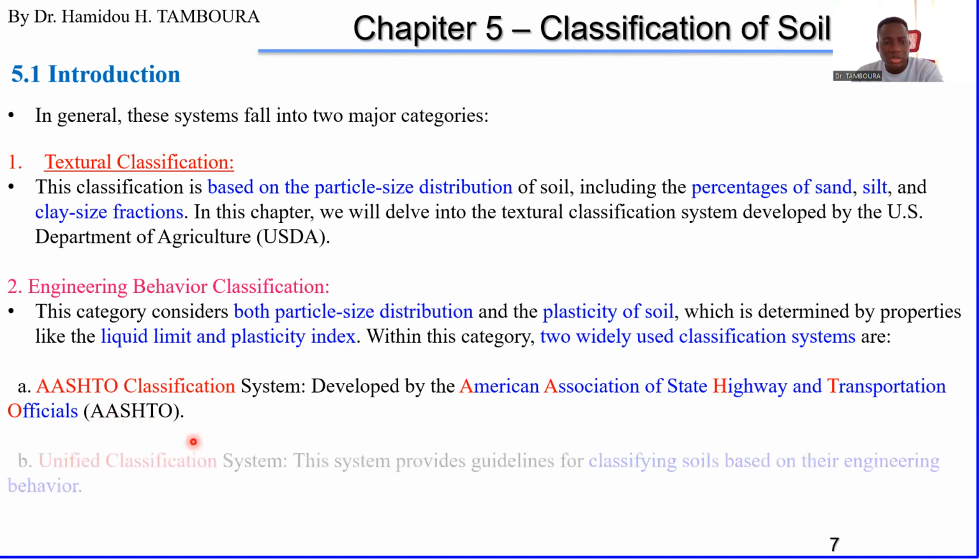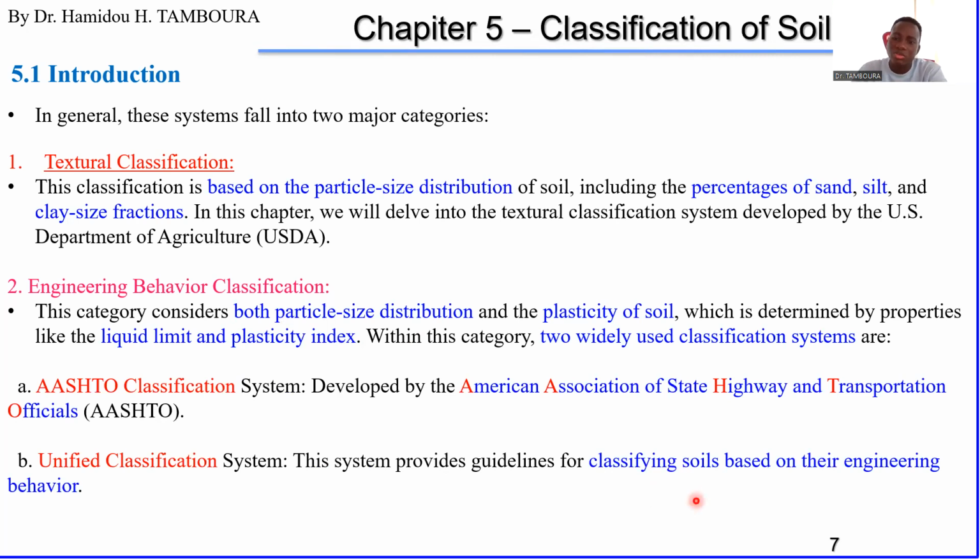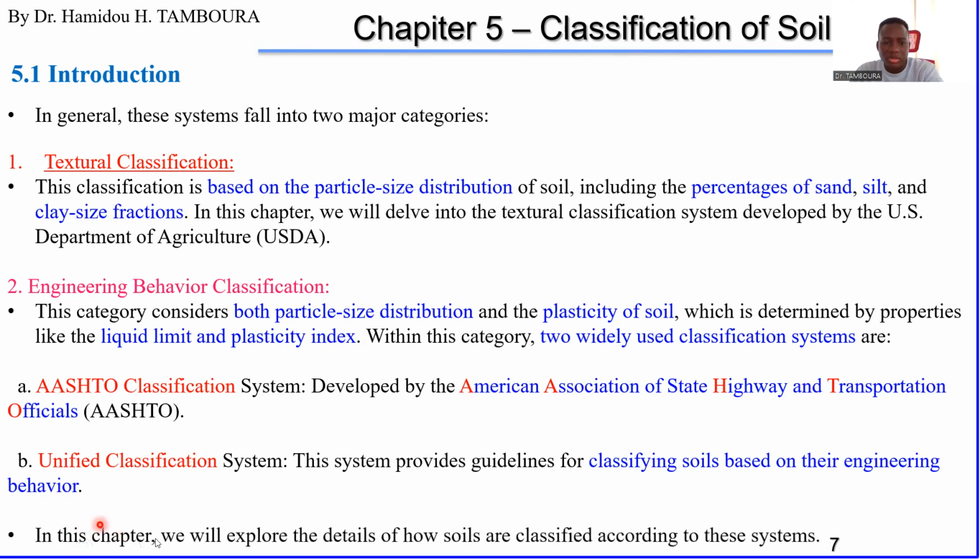And the other one is the Unified Classification System. These provide guidelines for classifying soil based on their engineering behavior, and in this chapter we will explore in detail how soils are classified according to these systems.